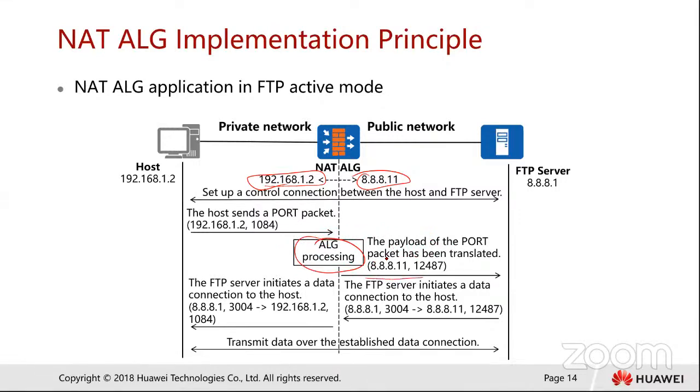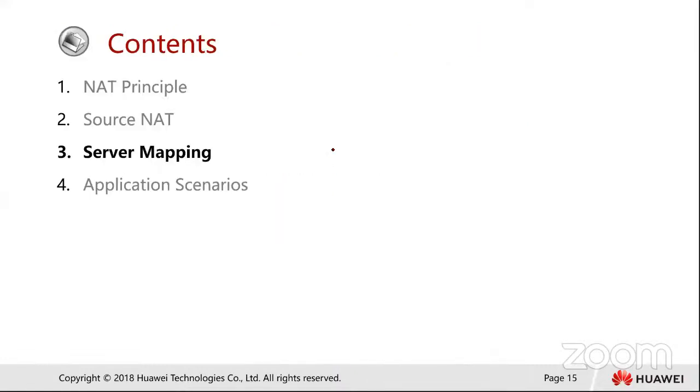After it has been translated, the FTP server will initiate a data connection to the host, and the host will get the information that a data connection has been initiated. After that, transmission of data over an established connection can take place. So we use the ALG, which also looks at the application packet header.